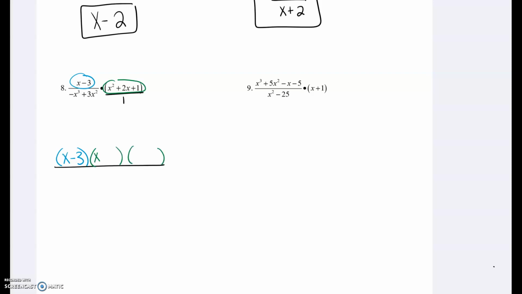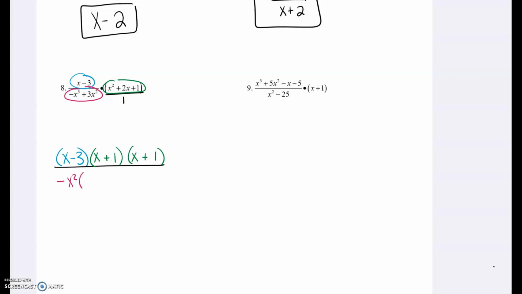That is going to factor into, the only way to multiply to get 1 is 1 times 1, and 1 plus 1 is 2. On the bottom, anytime there's a negative in front, I want you to factor out a negative. And then x cubed plus 3x squared, those have x squared in common.